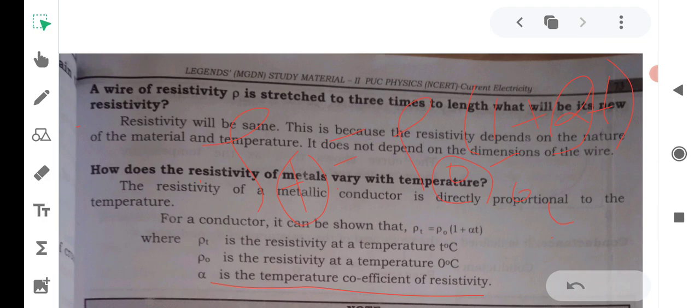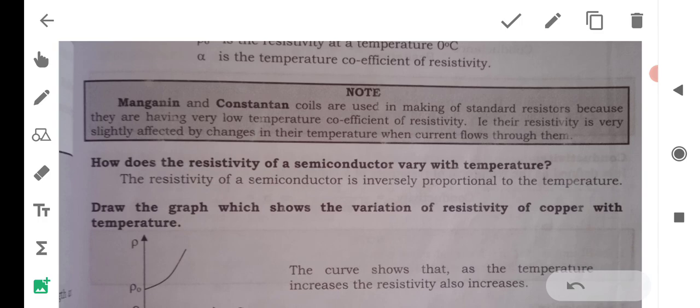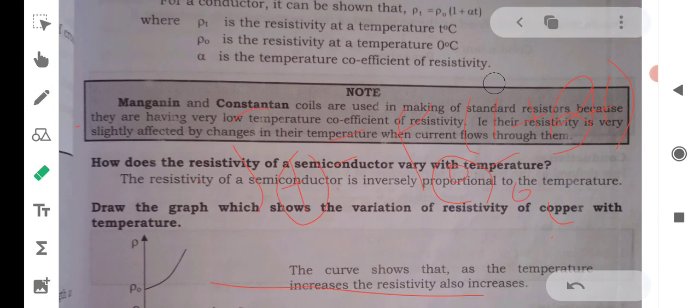Now we will discuss the next topic. The temperature coefficient of these two metals is very important, because in practice we are using a resistance box or resistance coils, and these resistance coils are made up of these two elements.